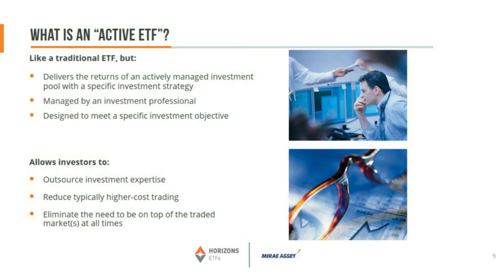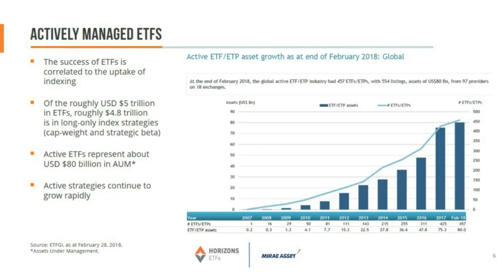With active ETFs, generally, we've seen significant growth. There's been a huge growth in ETFs generally speaking, but with respect to active ETFs specifically, there's roughly $5 trillion out there in ETFs. Roughly 4.8 is in long-only index strategies.